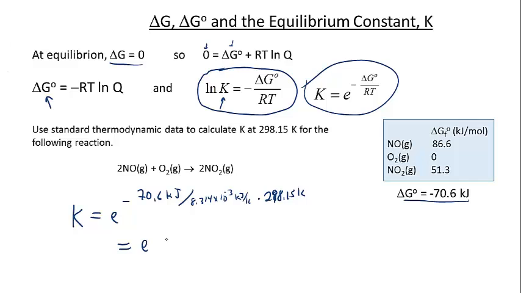Which gives us e to the minus 28.48, which gives an equilibrium constant of 4.28 times 10 to the minus 13. And that's how that works.